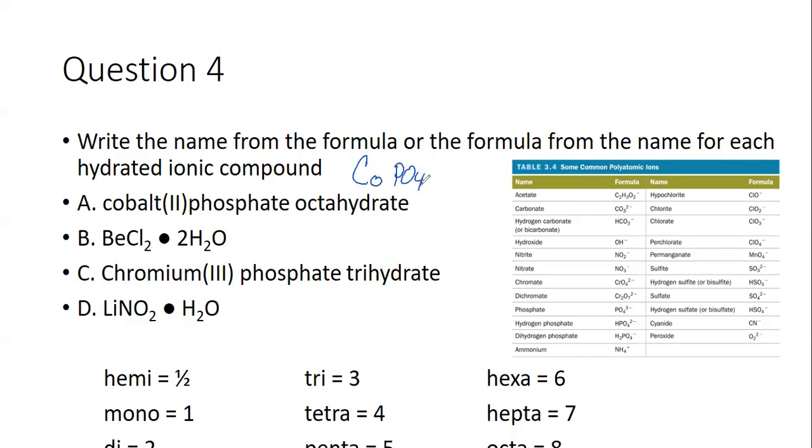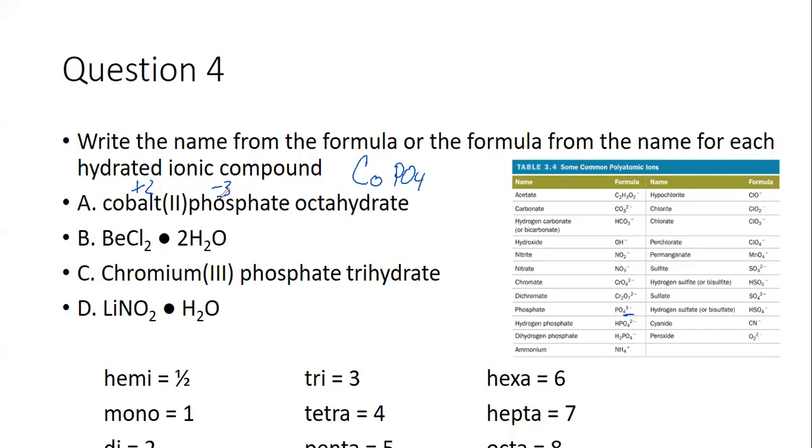Now we have to figure out how many cobalts and how many phosphates we want to put. It's cobalt(II), so that means cobalt has a +2 charge. Phosphate, if we look on the table here, is -3. And remember, when we have a metal and a nonmetal with different charges, we can just swap the charges with how many ions we have.